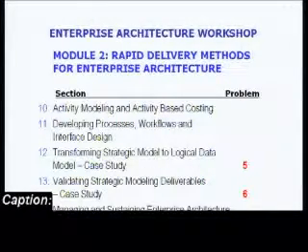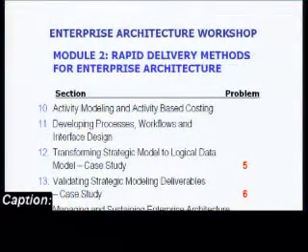Section 14 is the final section of Module 2, Managing and Sustaining Enterprise Architecture. And in Section 14, as well as reviewing the previous sections in the course, it also covers a number of modelling tools that are used to bridge from the methods addressed in Module 2, Rapid Delivery Methods for Enterprise Architecture, and the technologies that are used for implementing the priority processes into production as systems and databases.